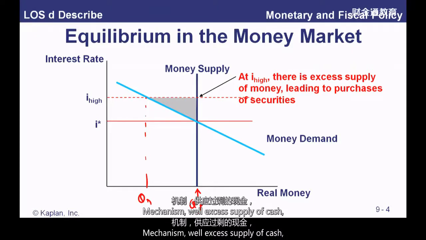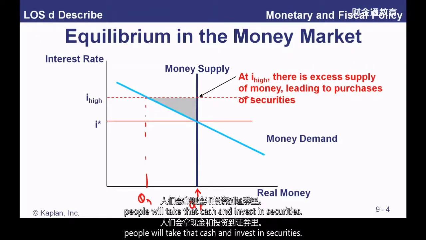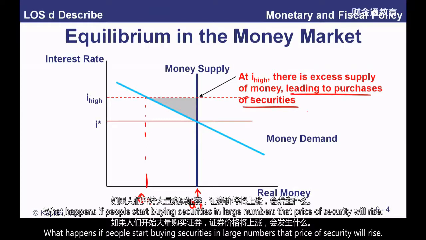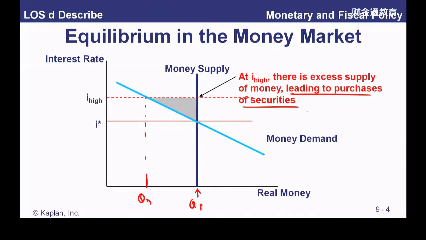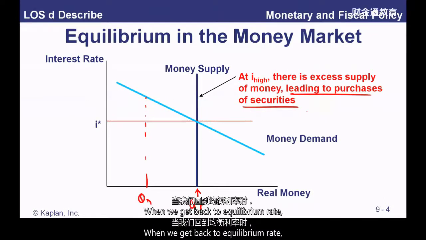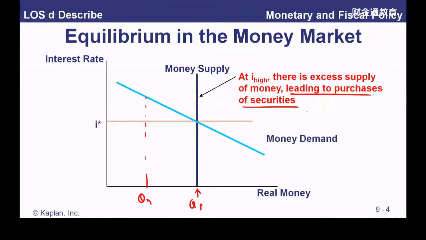Mechanism, well, excess supply of cash. People will take that cash and invest it into securities. What happens if people start buying securities in large numbers? The price of securities will rise. Hence the return, the yields, the interest rates you get will fall. And we get back to our equilibrium rate.